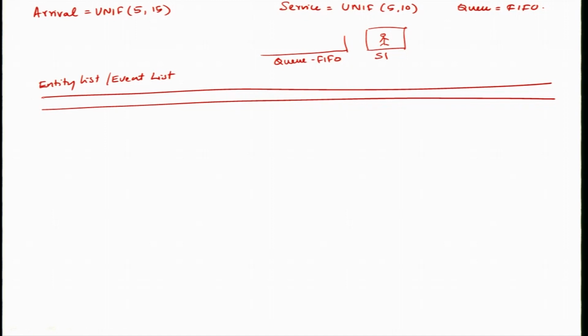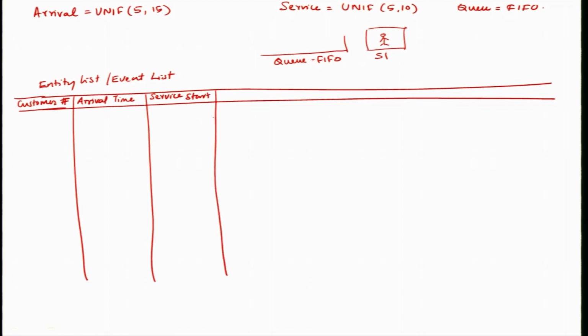Let us think about it as an entity list for the time being, and then we can say it as customer number, then we will call it arrival time, then service start, service end, depart.